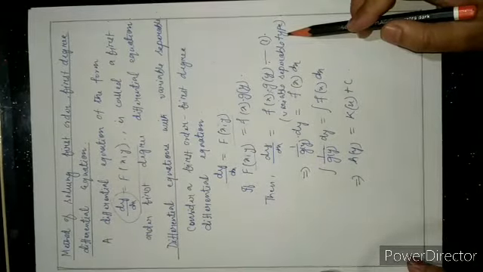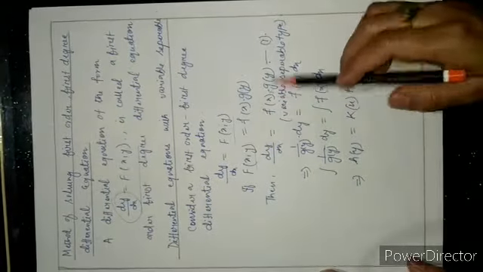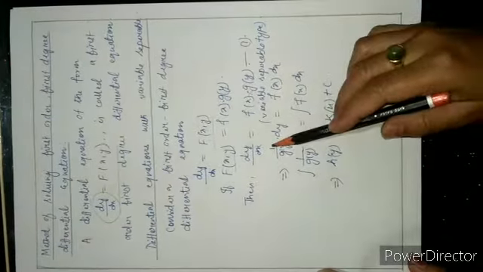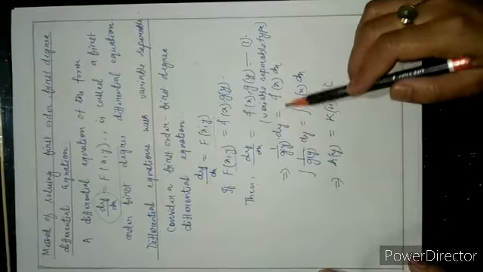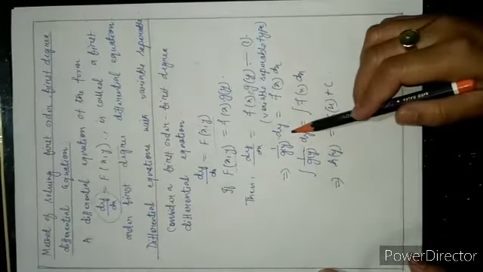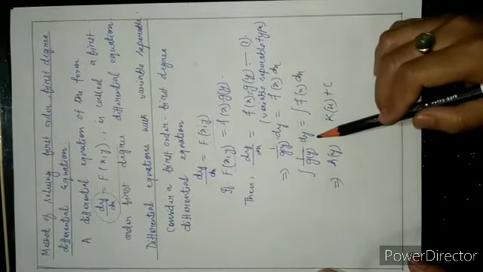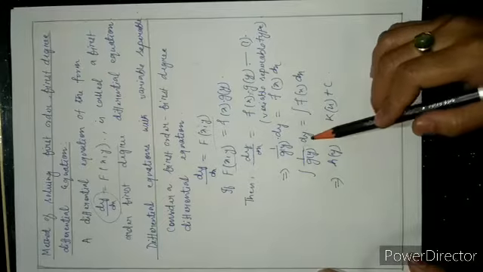Variable separable means we separate x and y, and after separating we get 1 by g(y) dy is equal to f(x) dx. We can separate the function of x and y by cross multiplication and integrate on both sides of the equation.